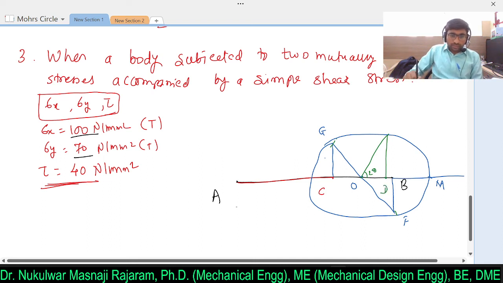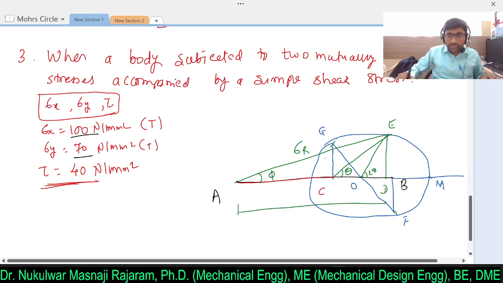Clear? So in this diagram, if you observe, if I join this C point with this E point, then here I will get angle theta. If I join A with E, then I will get the resultant stress, and this will become phi, angle of obliquity. And if I measure this A to D, here I will get the normal stress.